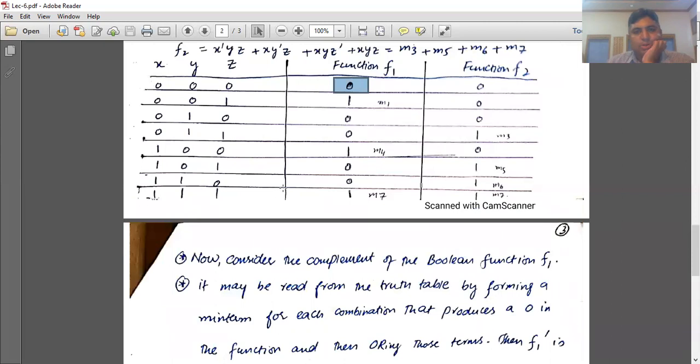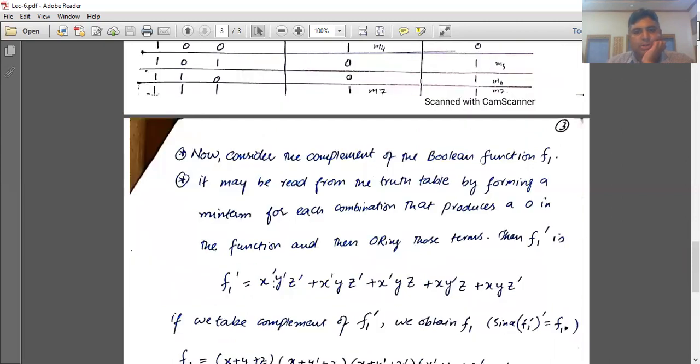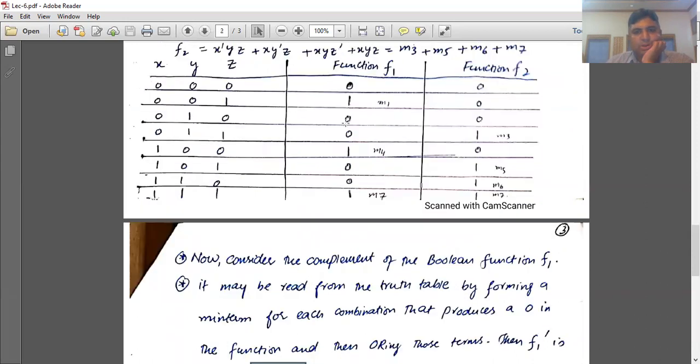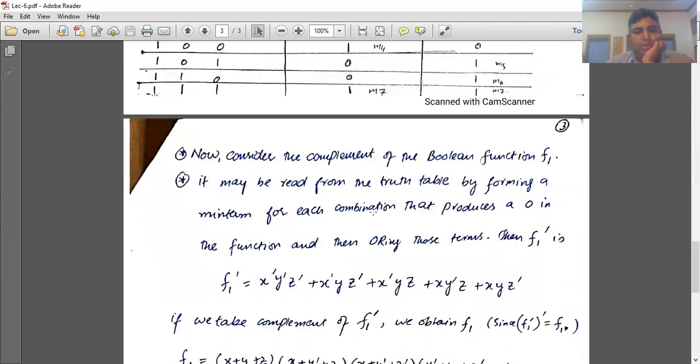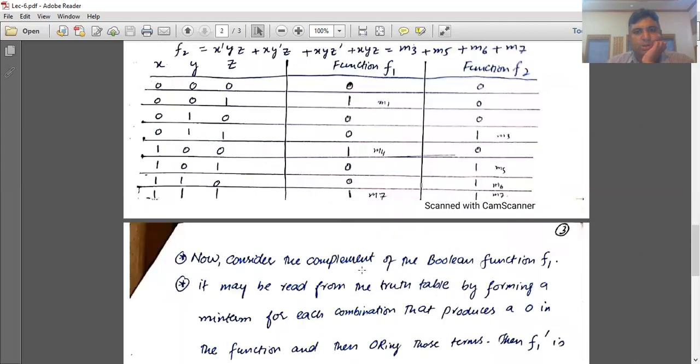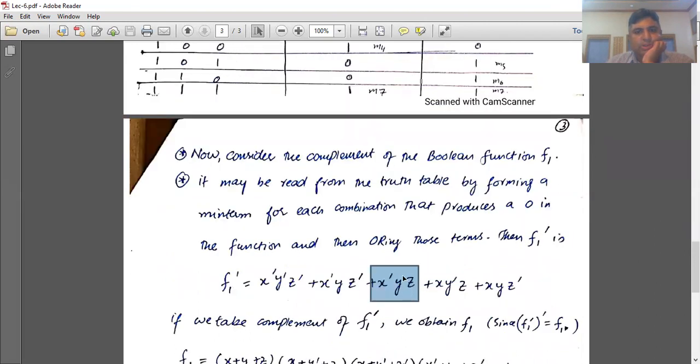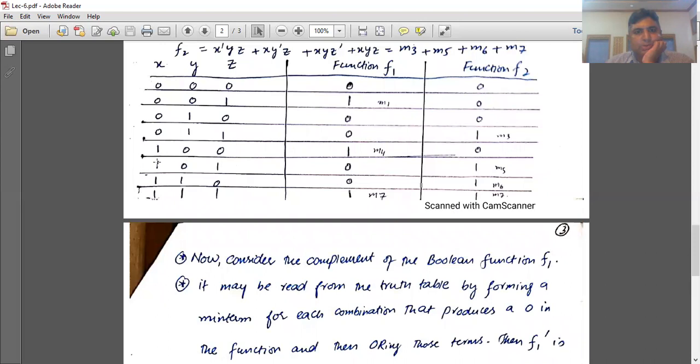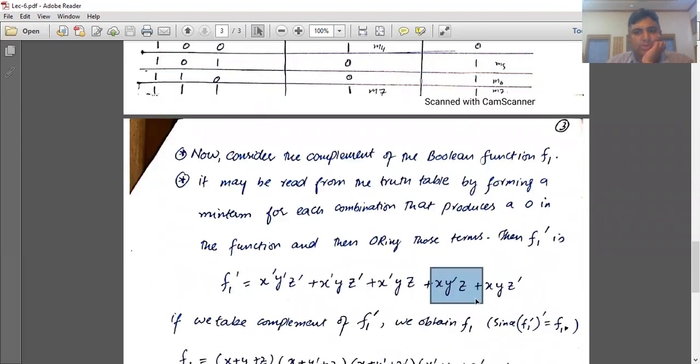So you can see here the first 0 is x bar, y bar, z bar. The second 0 is x bar, y, z bar. The third 0 is x bar, y, z. The fourth 0 is x, y bar, z.